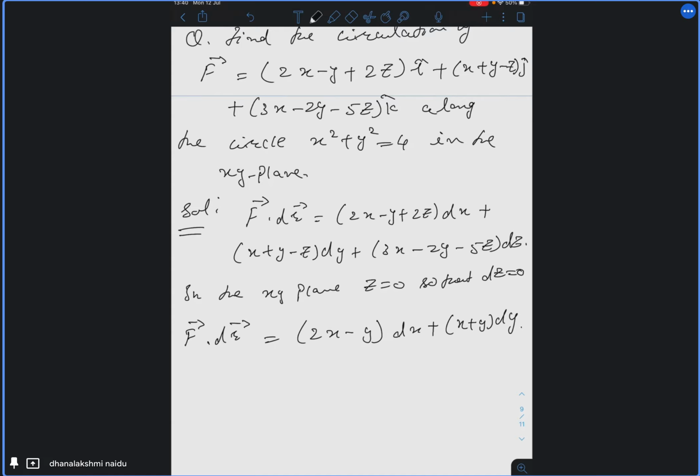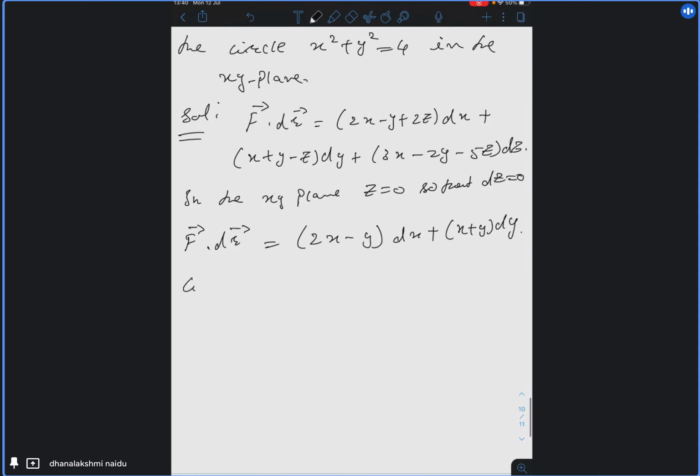Understood all of you? Yes, ma'am. Okay. And now you know the circulation. Circulation is equal to the line integral over this curve of F bar dot dr bar, where C is the circle x square plus y square is equal to 4.